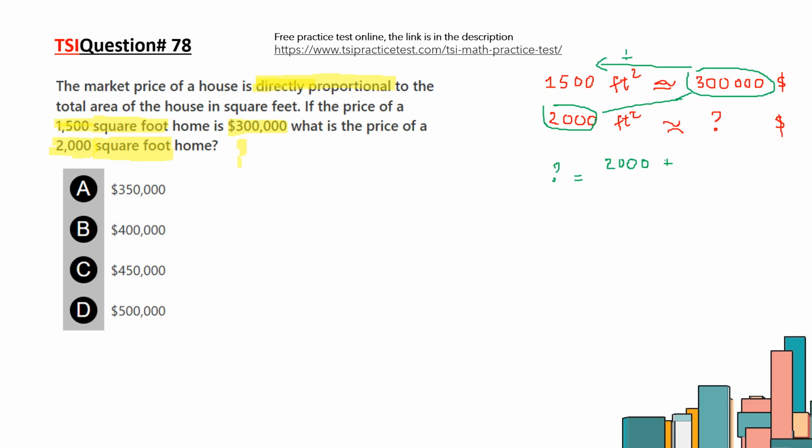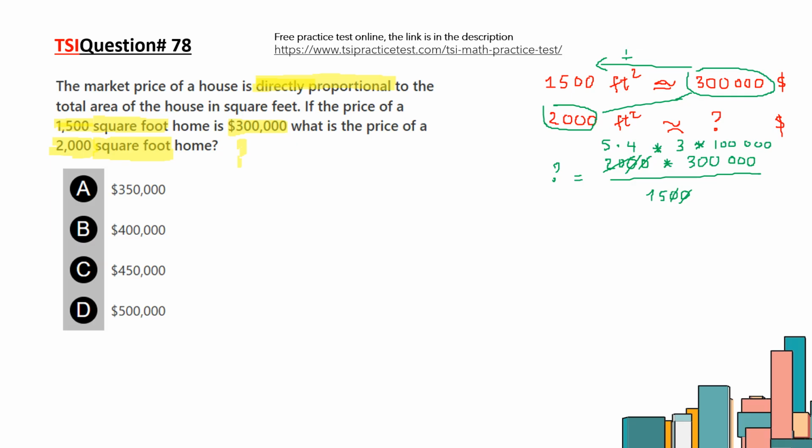2,000 multiplied by 300,000 divided by 1,500. Okay, we can cancel the 1 2 1 2. Now 20 and 15. 20 is 5 times 4, and then multiply by 3 times 100,000.